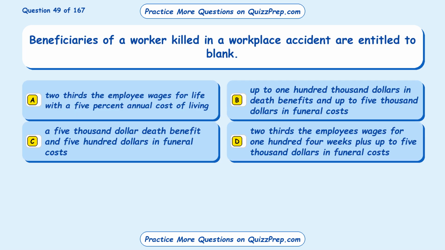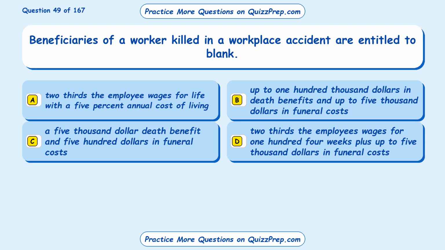Question 49. Beneficiaries of a worker killed in a workplace accident are entitled to blank. Option A, 2/3 the employee wages for life with a 5% annual cost of living. Option B, up to $100,000 in death benefits and up to $5,000 in funeral costs. Option C, a $5,000 death benefit and $500 in funeral costs.